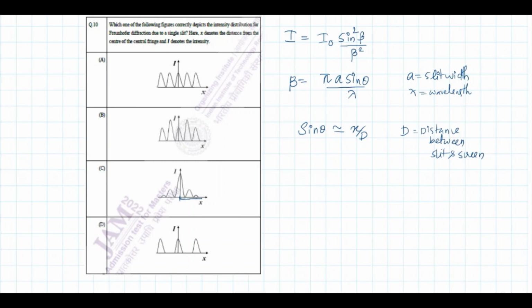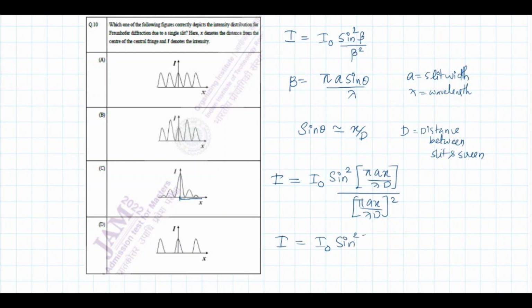So in terms of x, I can write intensity I as some constant into sine square of pi a x divided by lambda d, divided by pi a x divided by lambda d, the whole square. We can denote all the terms along with the x as some constant, say alpha. So it is sine square alpha x divided by alpha x the whole square. This is the equation for intensity.